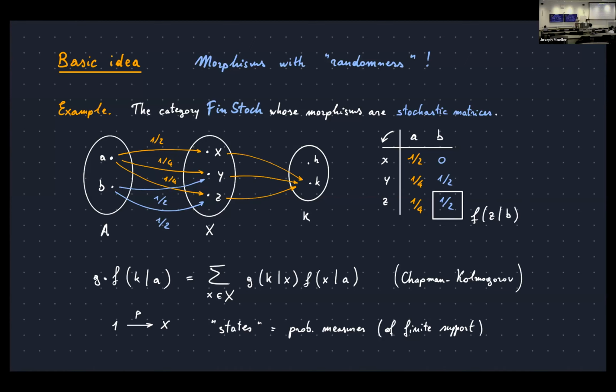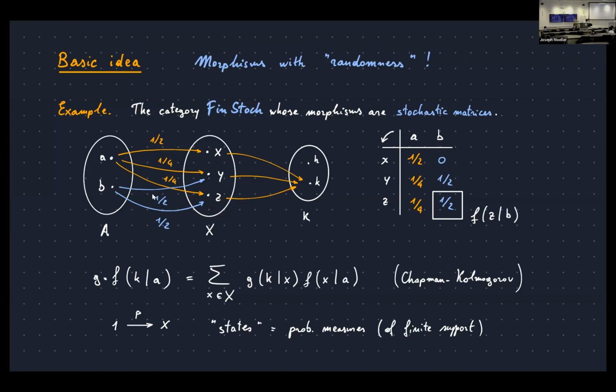So instead of viewing these as transitions, you can view these as probability measures if they are from the one-point set. And if you have a non-one-point set as the input, then it could be a family of probability measures. In this case, there's an orange one and a blue one.